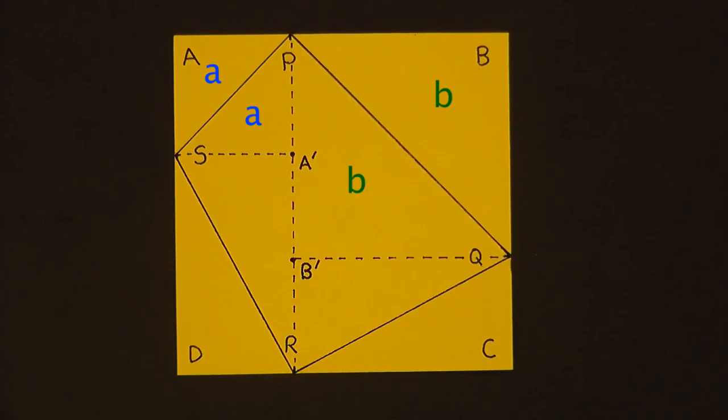Then I noted that line QR was the diagonal of the rectangle PQCR, and so I can say for sure that the area of triangle QCR is equal to the area of triangle QRB'. Using the same logic, I can say for sure that the area of triangle SRD is equal to the area of triangle SRA'.